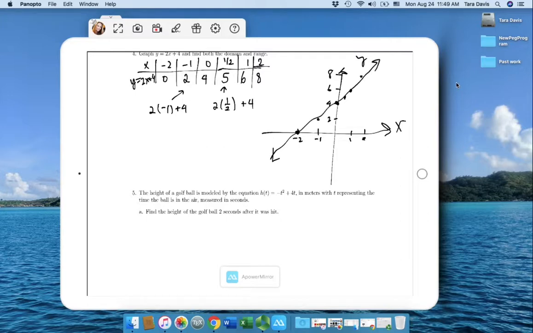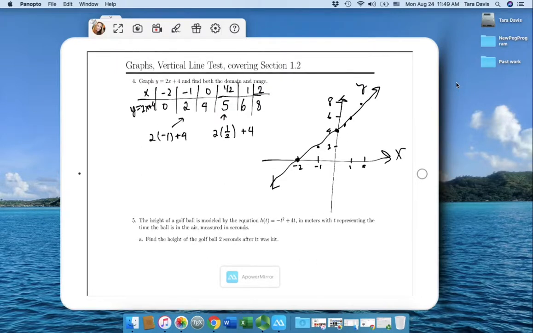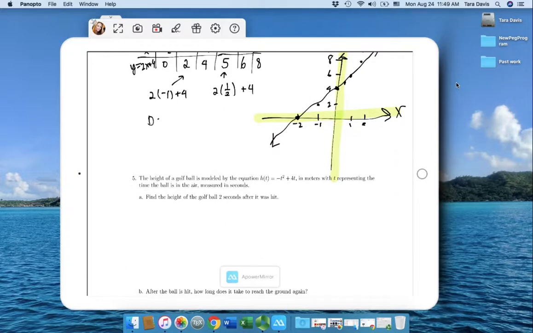It's actually a straight line, but I have trouble drawing freehand on the stylus, and this is just a sketch. So this is what we think the graph of y equals 2x plus 4 looks like. Based on this, we can see that both the domain and the range are all real numbers. There's no problem. The domain and range are all real numbers on this problem.